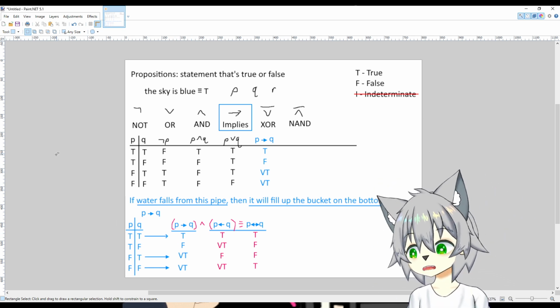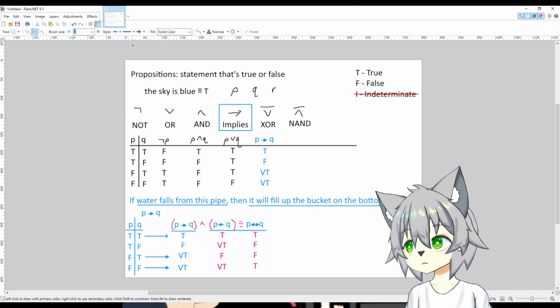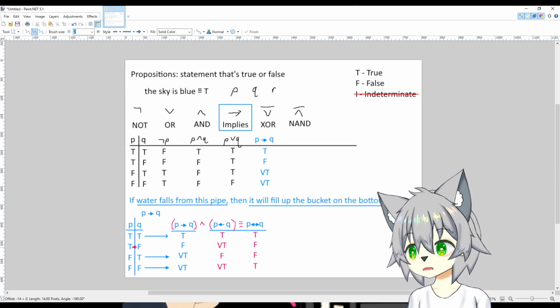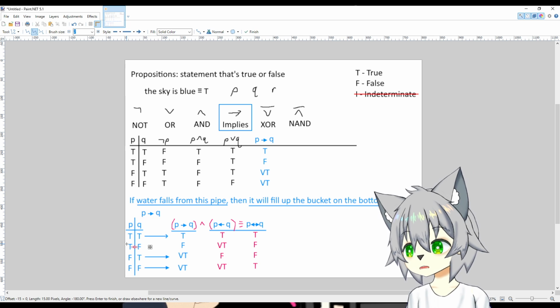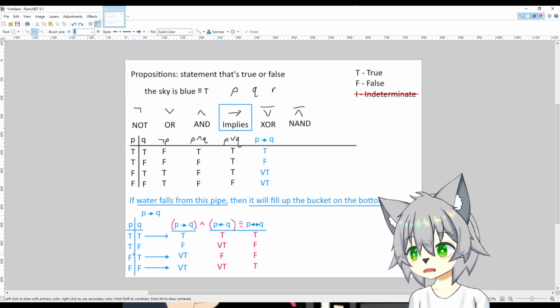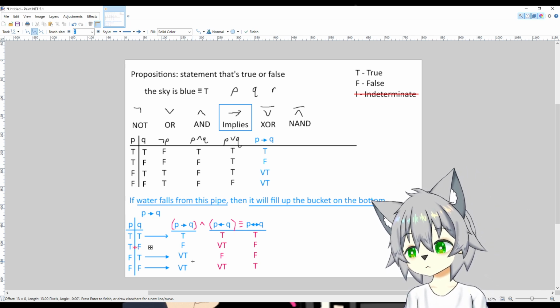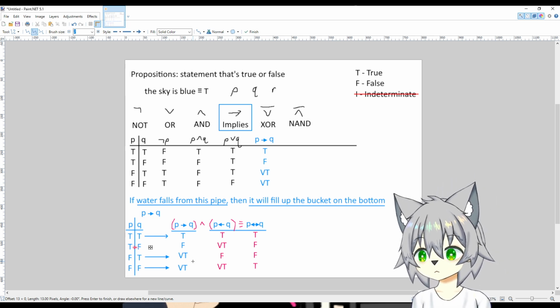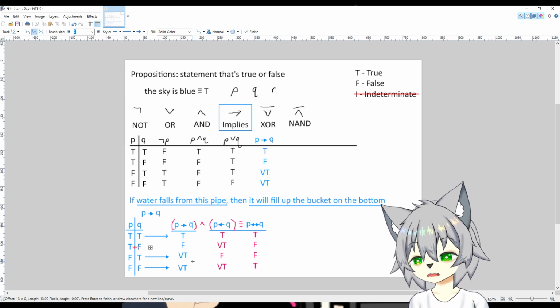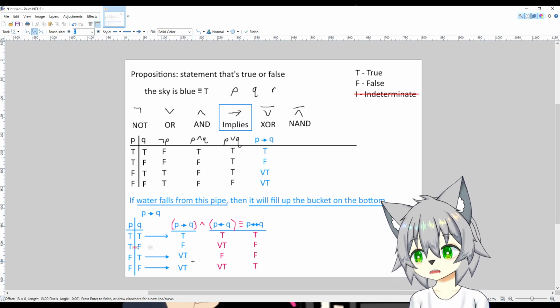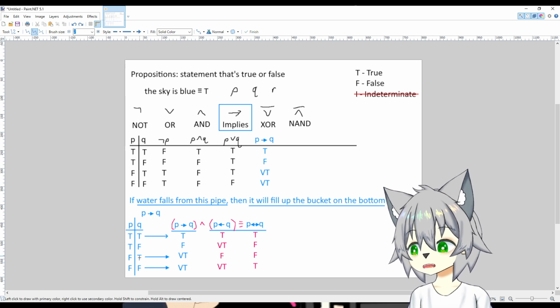But you can also think of it as this. This is kind of implying false implies true, right? Or rather, true implies false here, right? True implies false, and we know that if a true proposition implies a false proposition, then the entire statement is false.